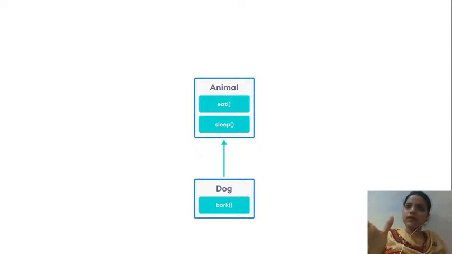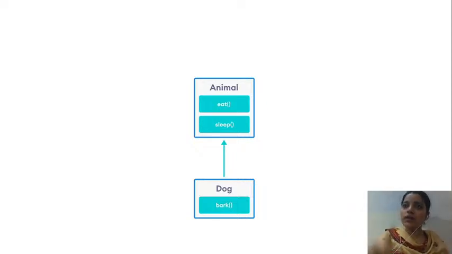So this is common. So let all the animal classes which you create inherit these two common functions from Animal. But not every animal is going to bark, right? Only dog should have this function bark. So this is special, exclusive only to dog. So let this function be coded only in the Dog class.